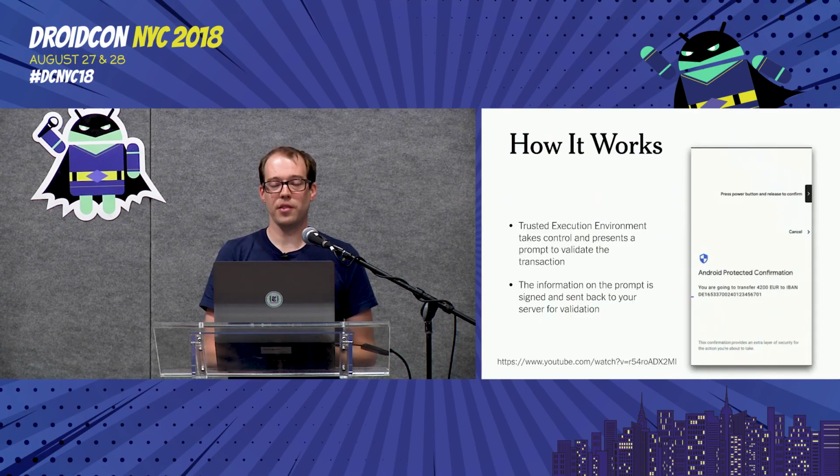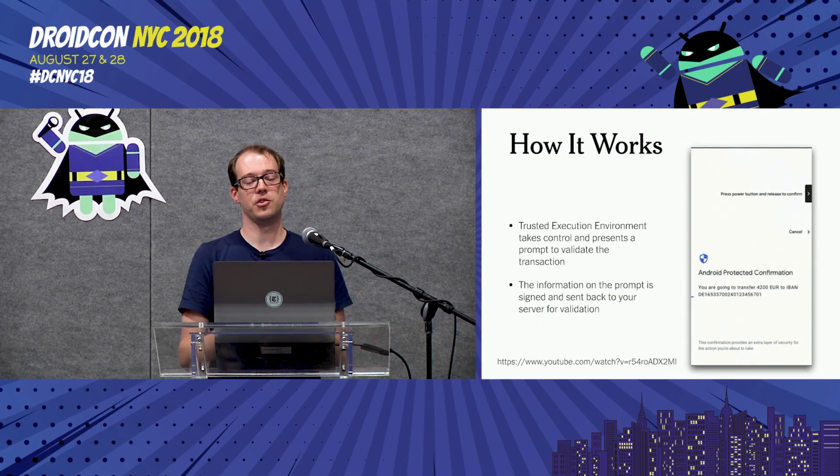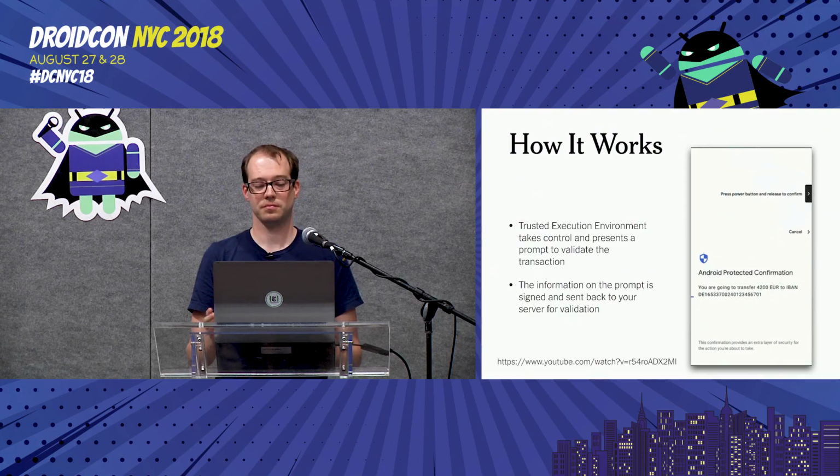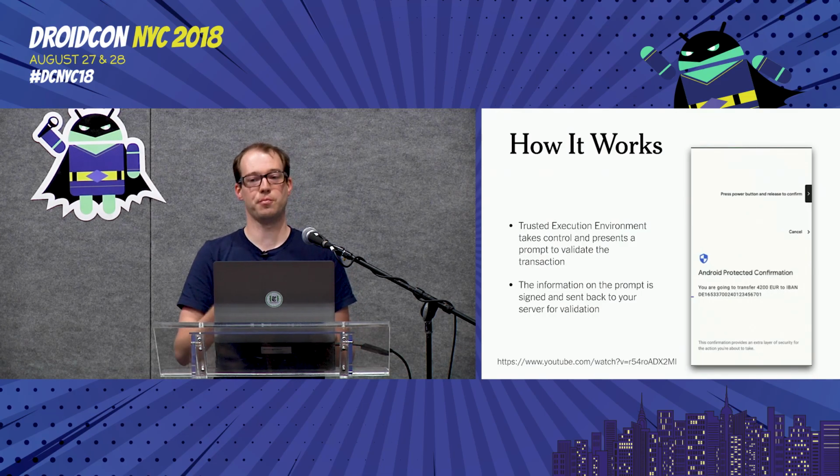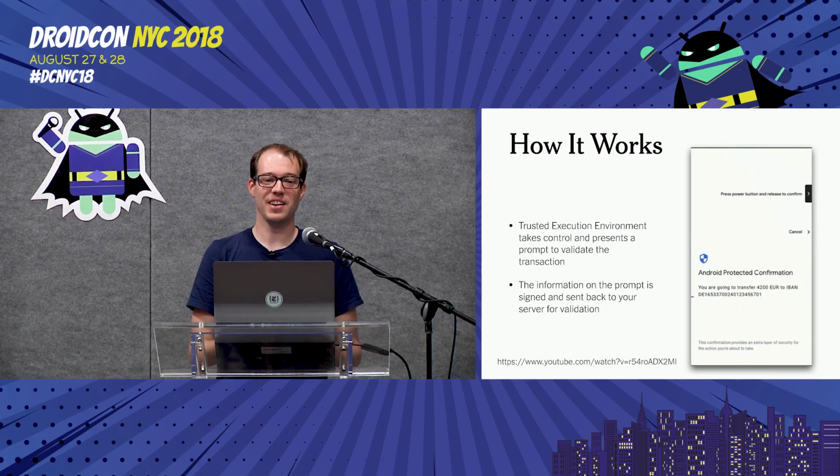The way this works is that the trusted execution environment takes control and presents a prompt to validate that transaction. So you're going to go ahead and ask Android, I want to prompt the user to transfer 4,200 euro. Then it's going to hand that off to the trusted world, display that prompt, and if the user accepts or cancels, you get a callback at the end to decide what to do.